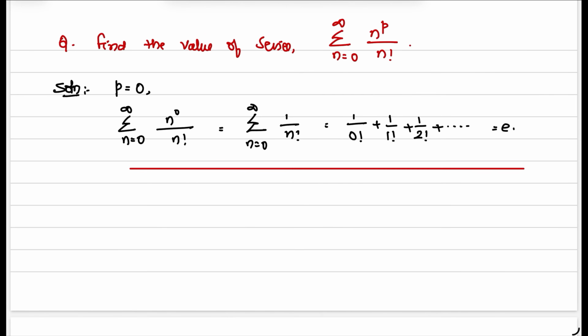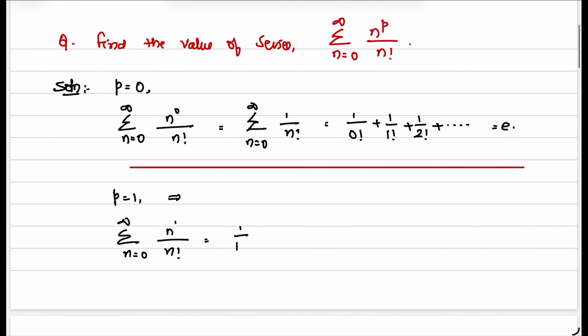Let us see now. We are only applying different p values. P is equal to 1. What happens? Sigma n is equal to 0 to infinity n to the power of 1 by factorial n, that is equal to sigma n by factorial n. That means 1 by 1 factorial, 2 by 2 factorial, 3 by 3 factorial, plus and so on.